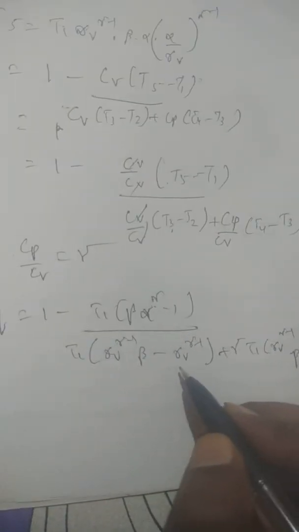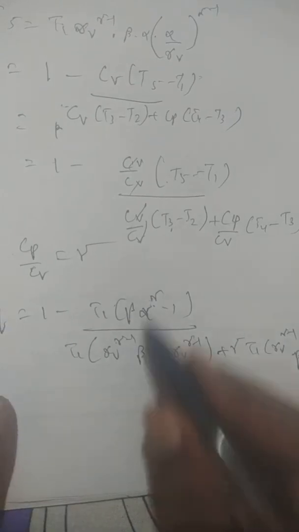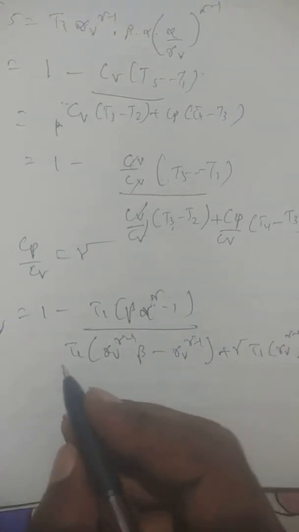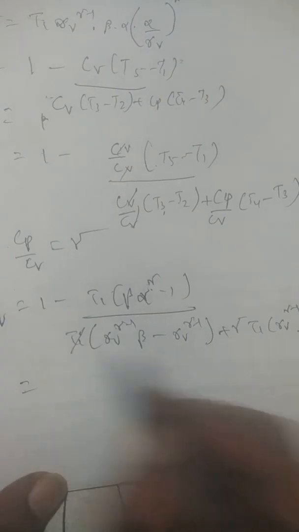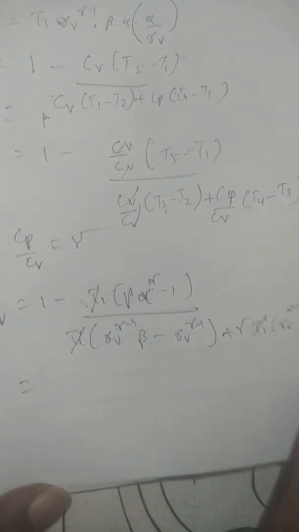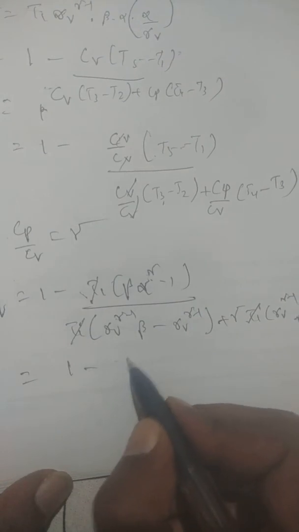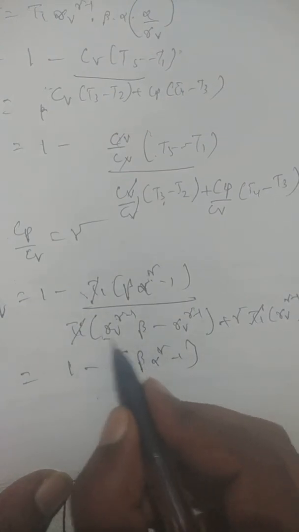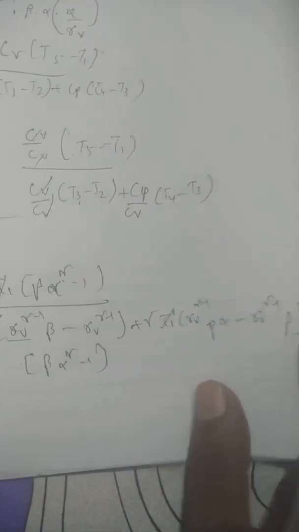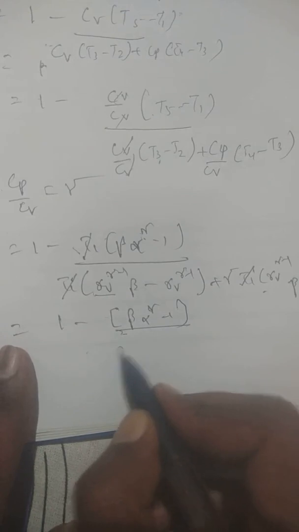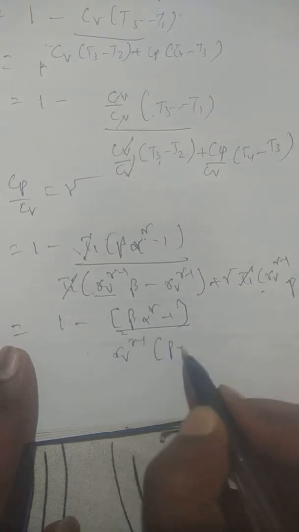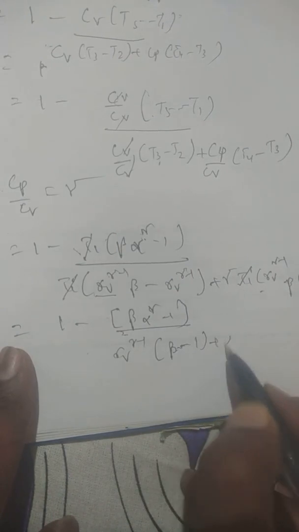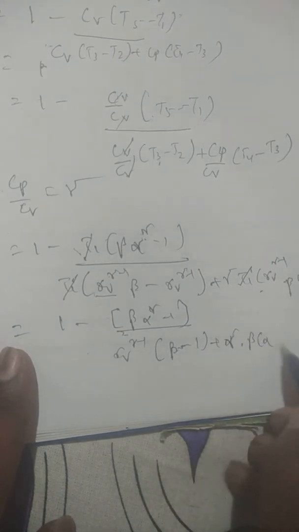After simplification, if you take T1 common, T1 cancels, and the remaining numerator is beta alpha to the power gamma minus 1, divided by RV to the power gamma minus 1 common, into beta minus 1 plus gamma into beta into alpha minus 1.